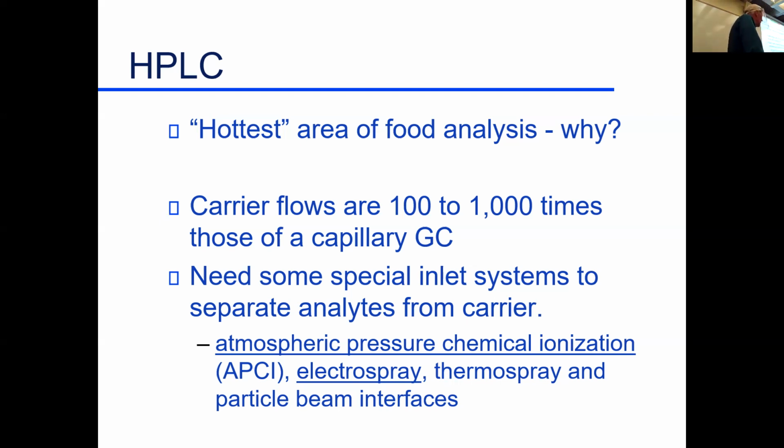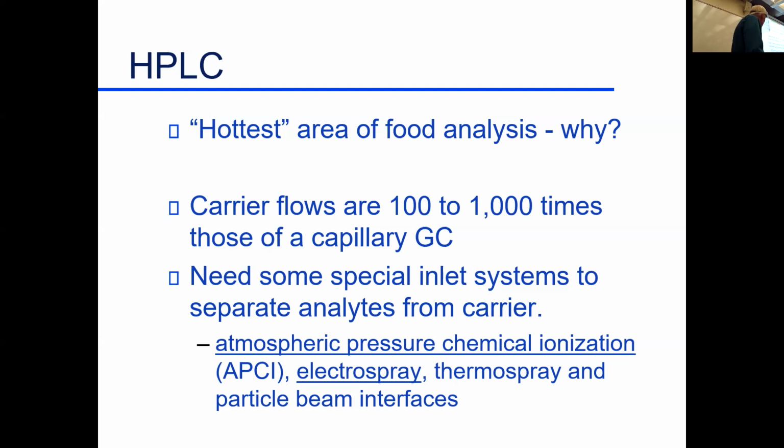There is a problem, of course, that the carrier flow, the mobile phase, is a liquid, and it will end up having a volume, once it gets inside of a vacuum, of up to 1,000 times that of capillary GC. And so one of the challenges that we run into is how do we deal with that much solvent? We have to have ways to get rid of it, or to completely destroy the vacuum. We wouldn't have any spectra to measure.